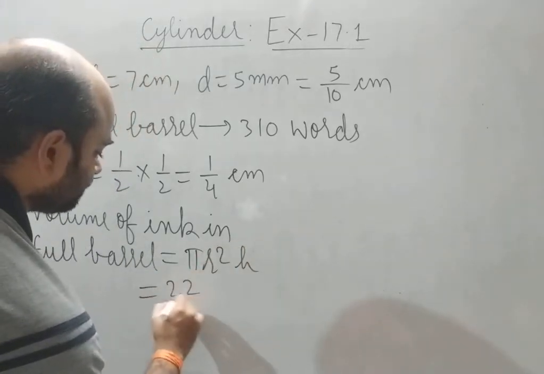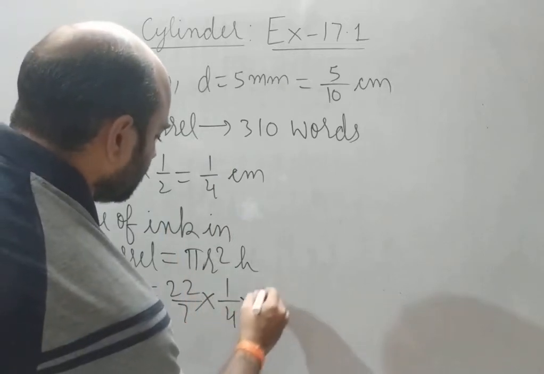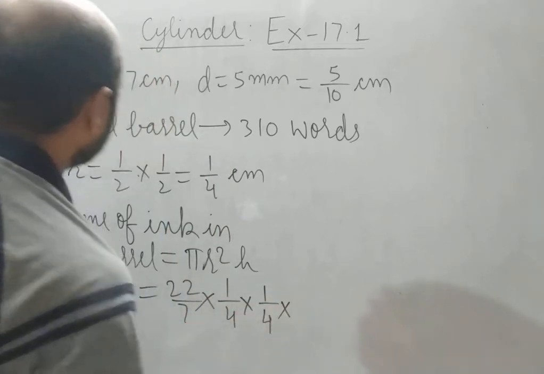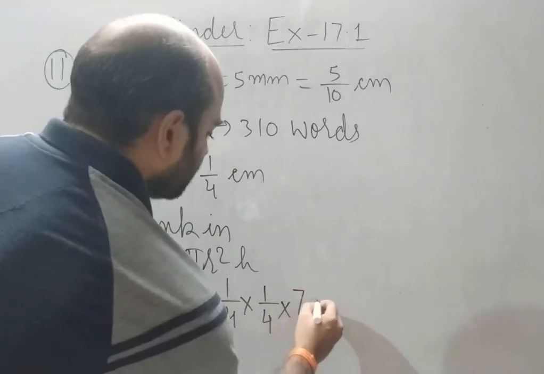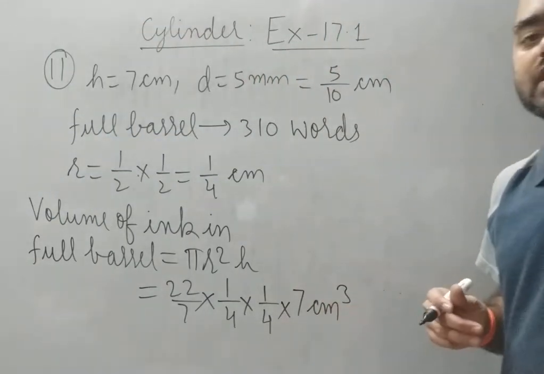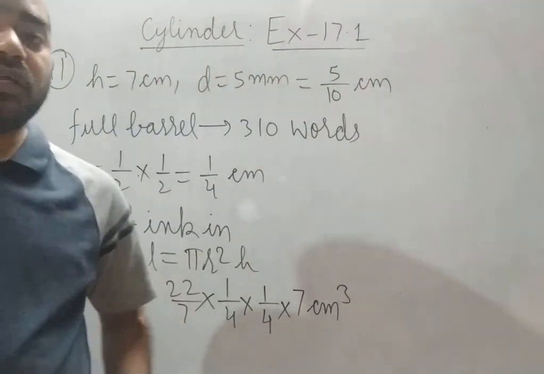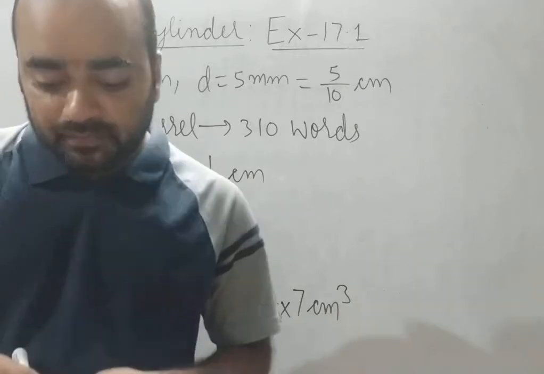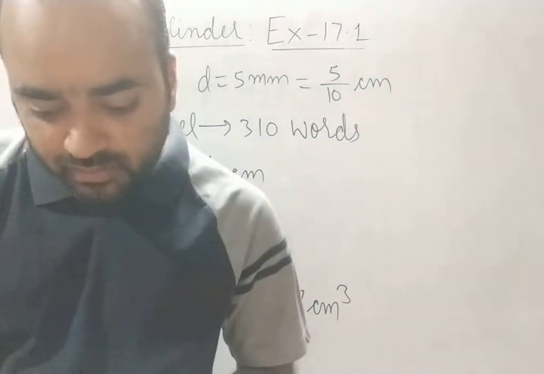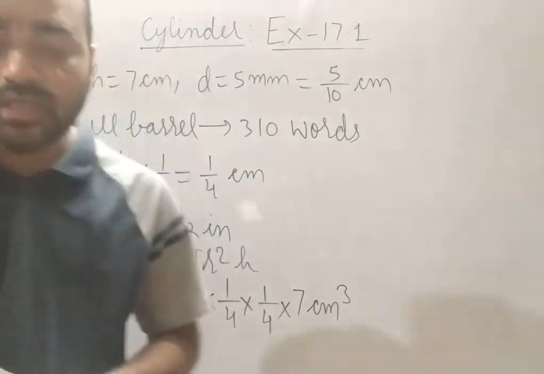Pi r square means 1 by 4 into 1 by 4 into h is 7. That will come in centimeter cube. But we have to give the answer in liter. Why? Since at last it is asked what is the number of words written for a bottle of ink containing 1/5 of a liter.